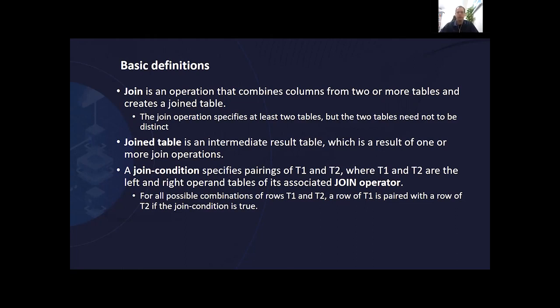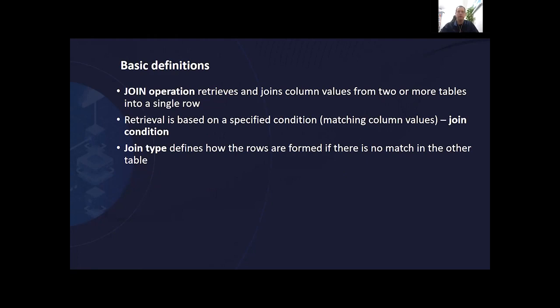You need a join condition which specifies the pairing of those tables, and some join operators. The join operation retrieves the joined columns from two or more tables and creates a row. Retrieval is based on a specified condition, which is the join condition, and the join type defines how the rows are formed if there is no match.